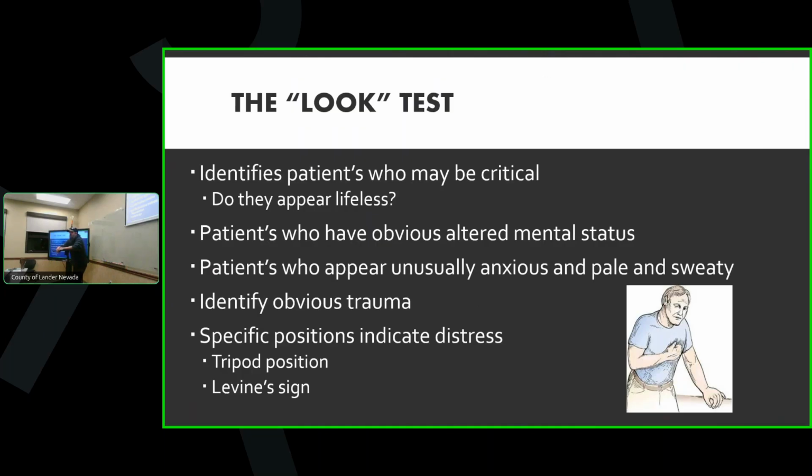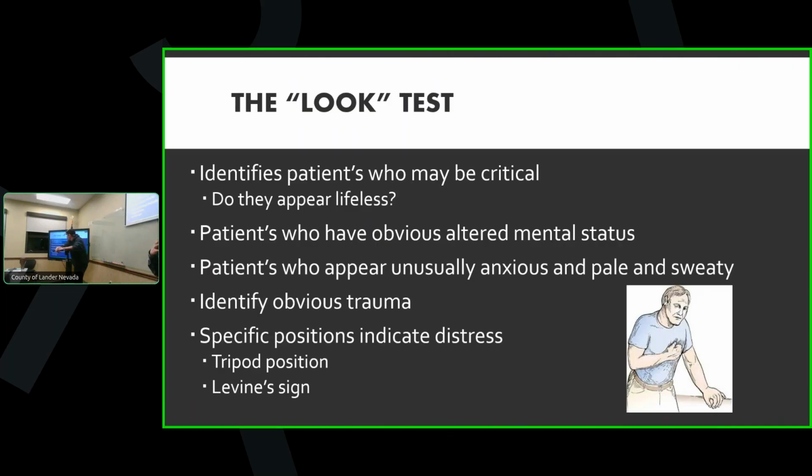All right, this is that general impression. So this is that look test. You walk in, how does your patient look? Are they tripoding? Are they sitting there just fine? If they're grabbing their chest like this, that's called Levine's sign. That should make you suspicious for any kind of cardiac problem. If they're having chest pain, they usually do this.